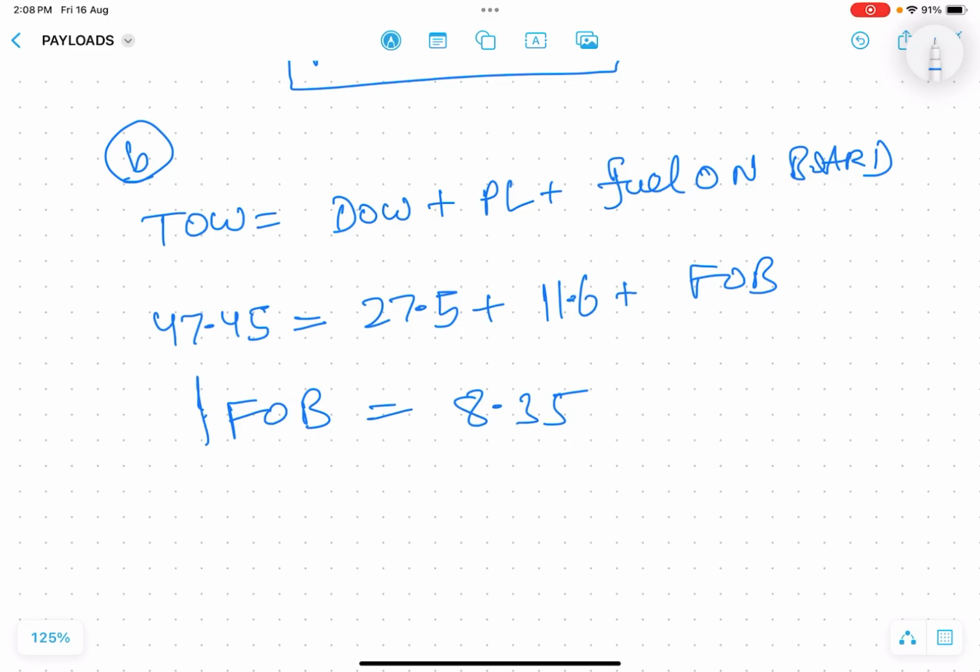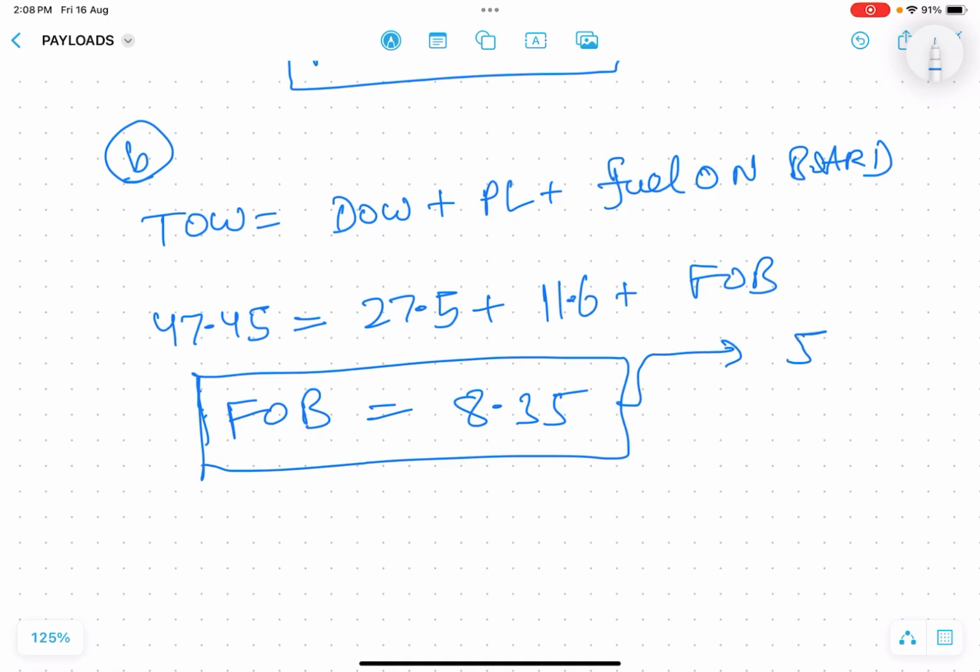Now this is the complete fuel on board that we can carry, but we already have how much fuel on board? 5.2. We have this much fuel left, so how much we can carry extra is 8.35 minus 5.2. So this is our complete capacity, how much fuel we can carry, and this is how much we are already carrying.